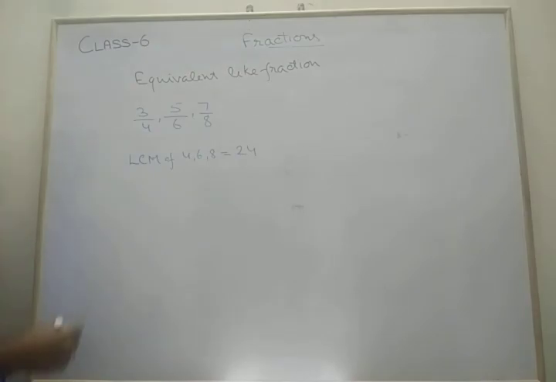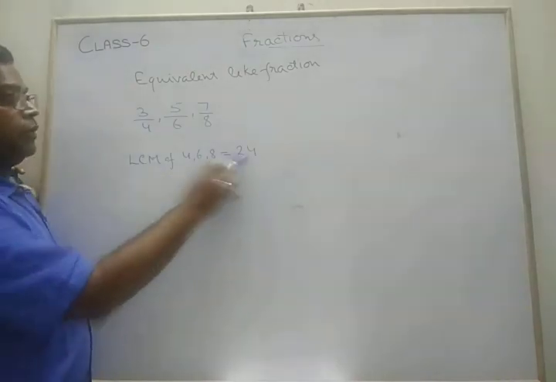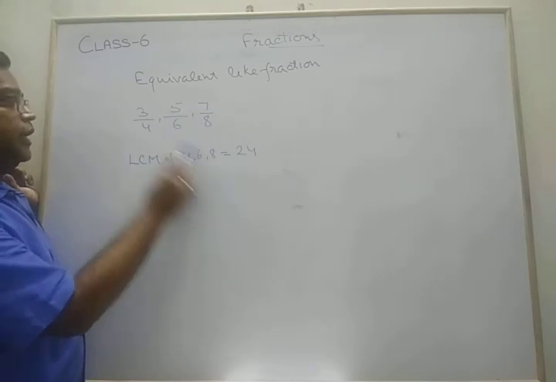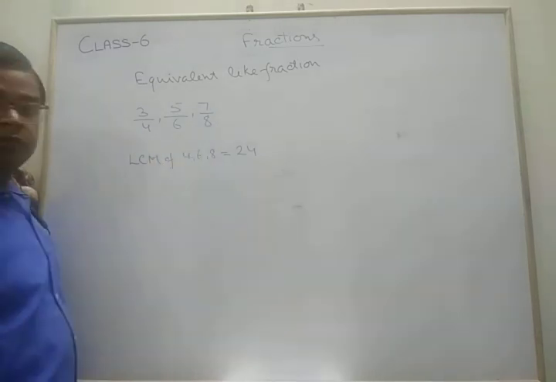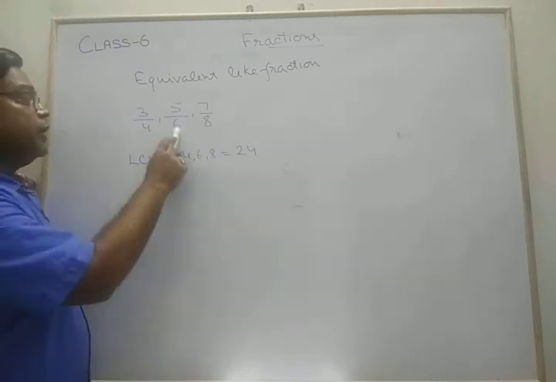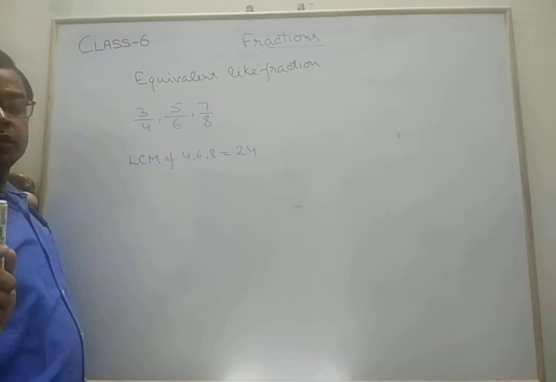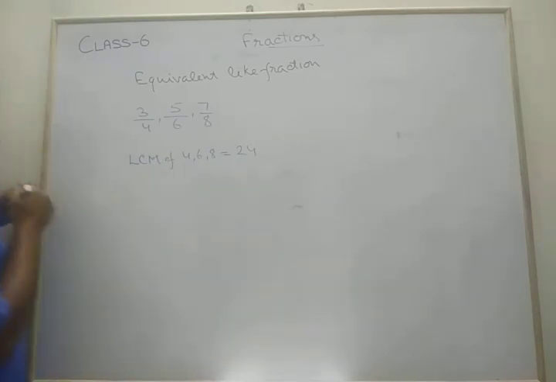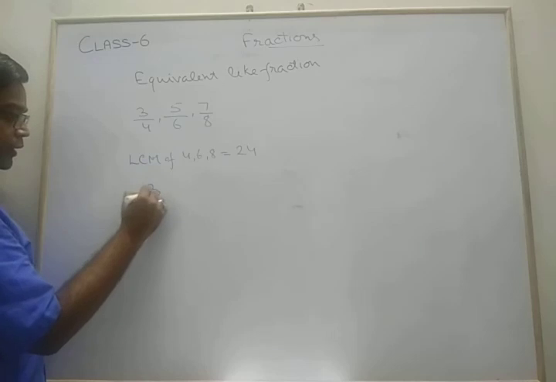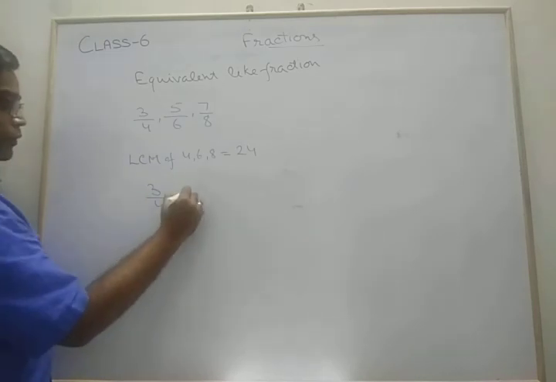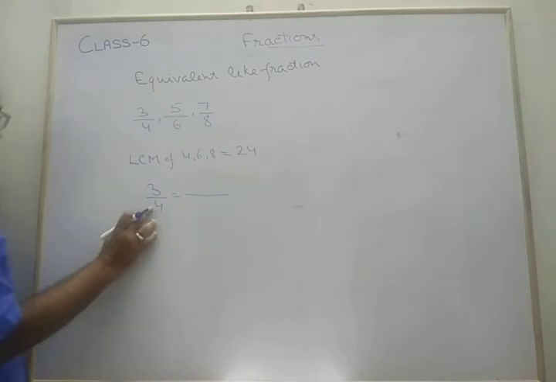Now, since we have the LCM 24, and these numbers 4, 6, 8 are the denominators of the given fractions, our work is to make each fraction's denominator equal to 24. See how. In the case of 3 upon 4, we are going to increase the denominator.